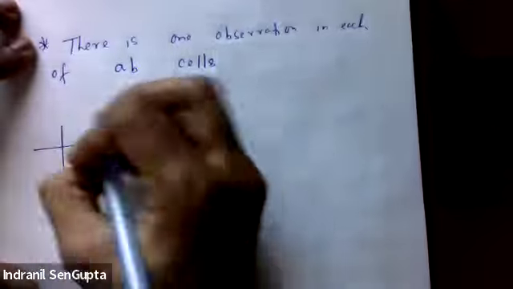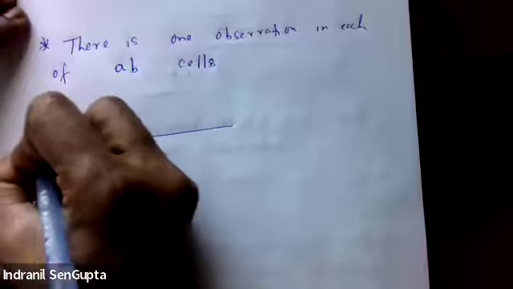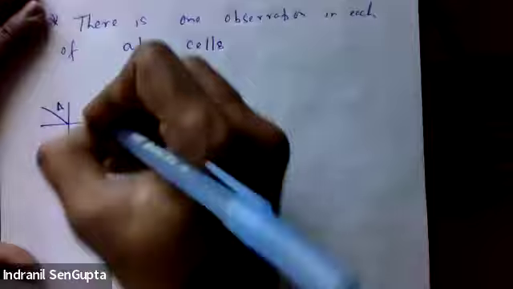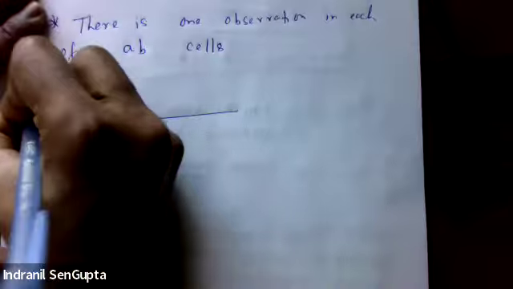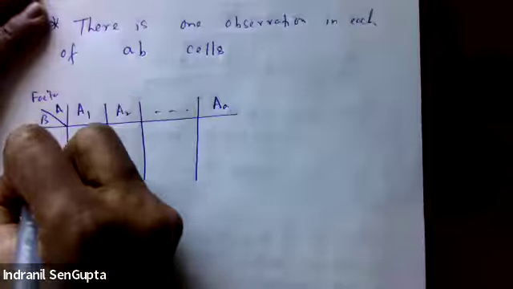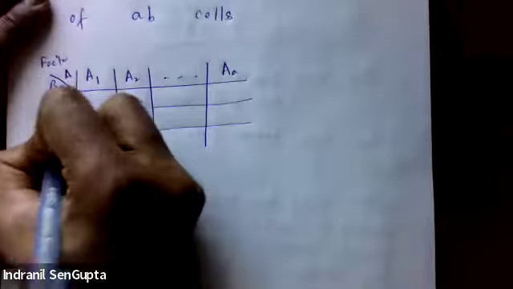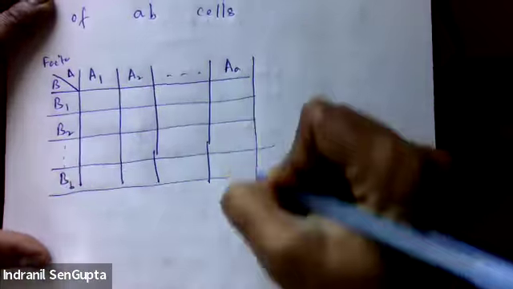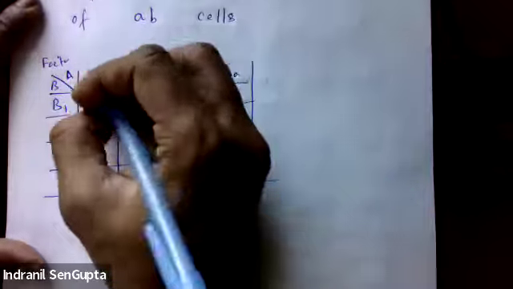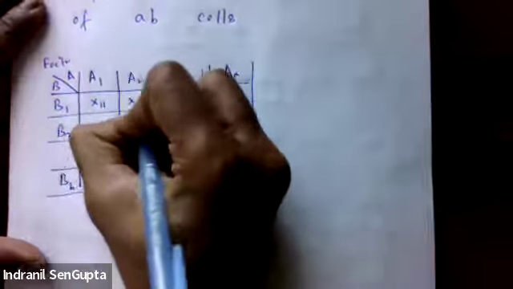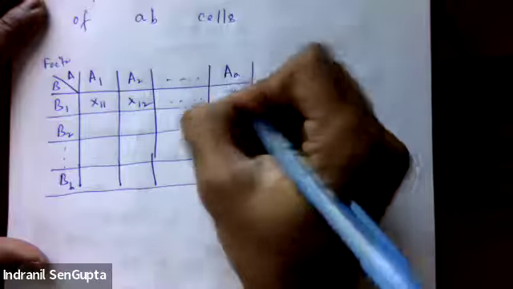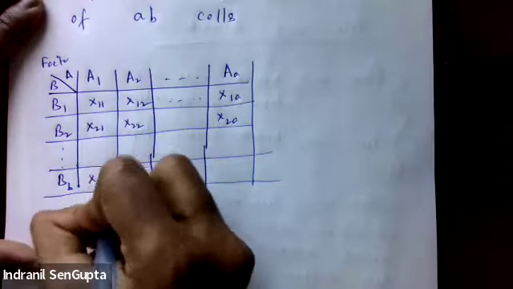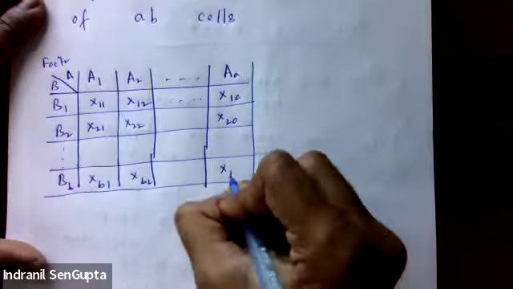Let me just draw it here. We have two factors. The first factor, we wrote it as A, and it has A number of classes, so A1, A2, up to A sub A, and the second factor has B1, B2, up to B sub B. So you see that there are a total of A times B cells, and we'll label them as before: X11, X12, X1A, X21, X22, X2A, XB1, XB2, XBA.